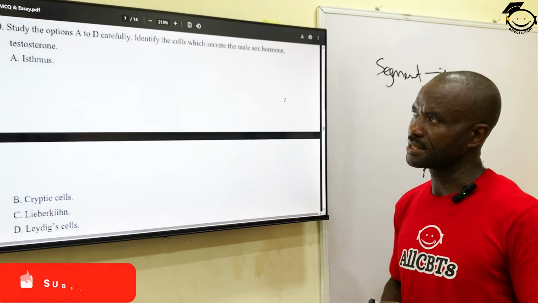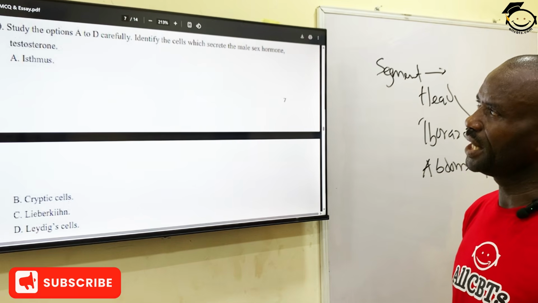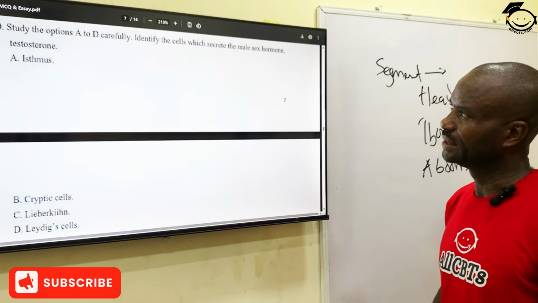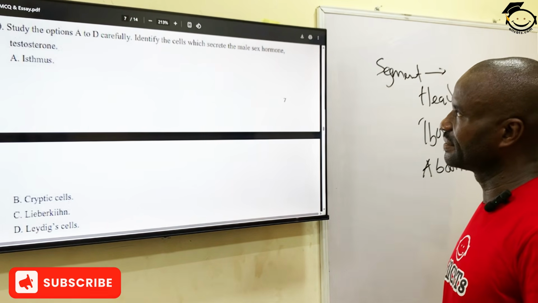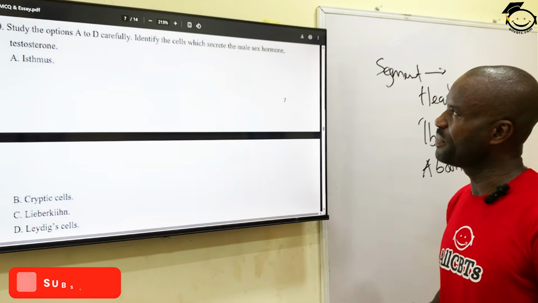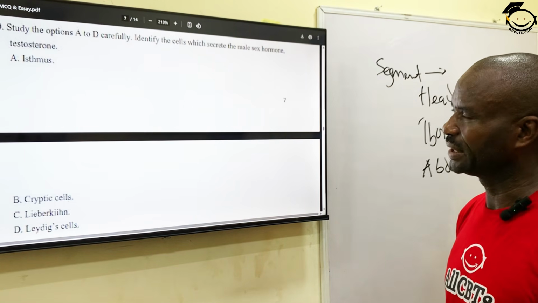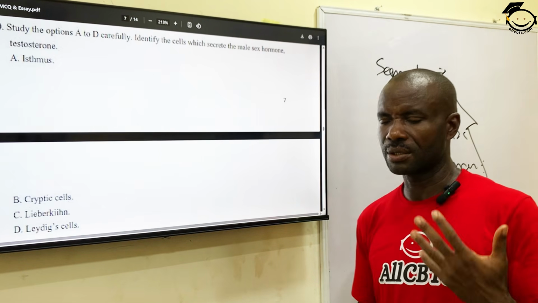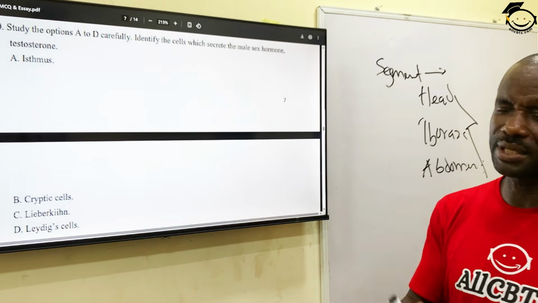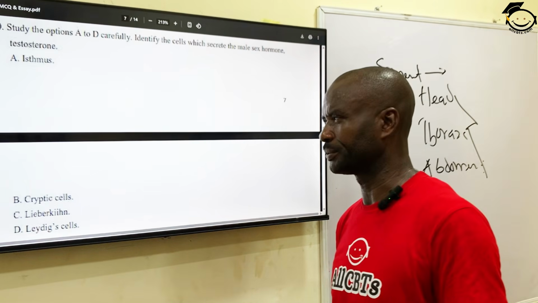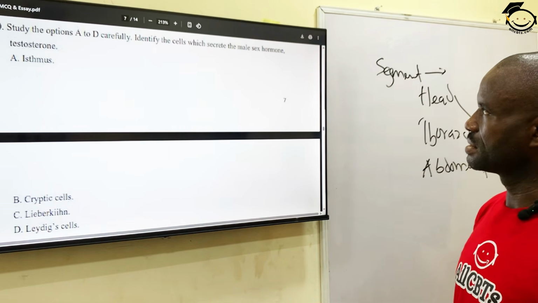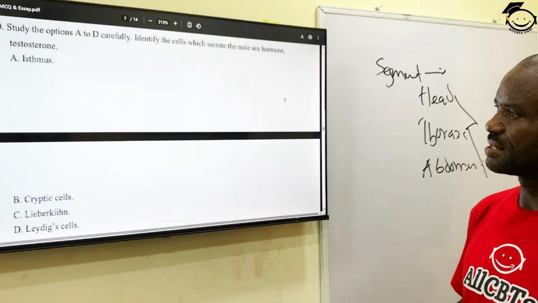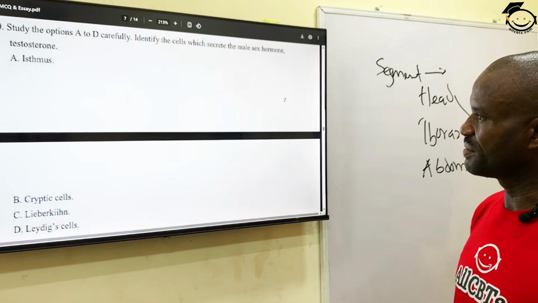Question 30 says, study the options A to D carefully. Identify the cells which secrete the male sex hormone, testosterone. Yes, the male sex hormone is called testosterone, while the female sex hormone is called estrogen. Now, which of these produces the male sex hormone?